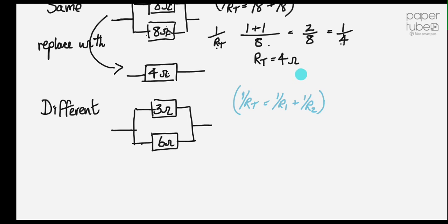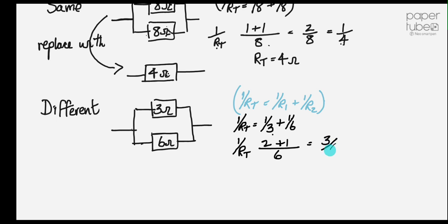Right, so let's have a look at this. 1 over R total is 1 over 3 plus 1 over 6. What's the common denominator? 6. So 1/3 is the same as 2/6. Add on 1/6, which is 1/6. 1 over R total is equal to 3 over 6.